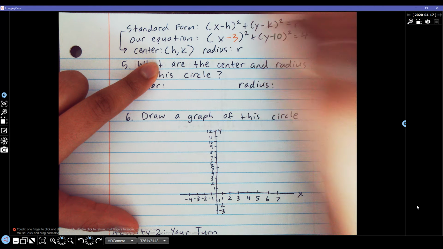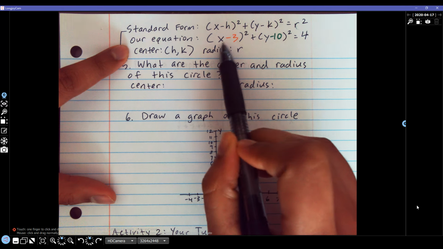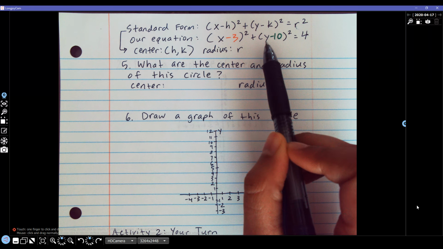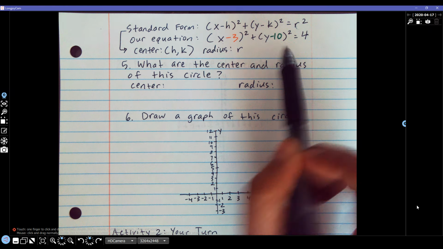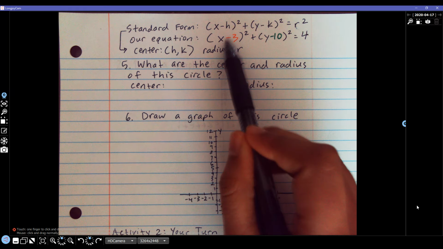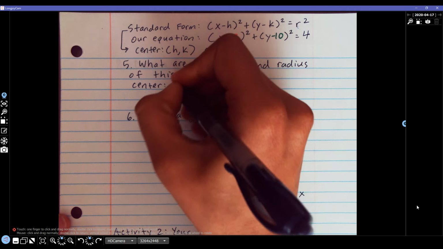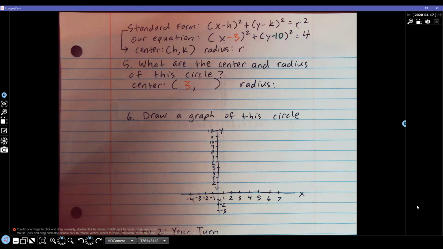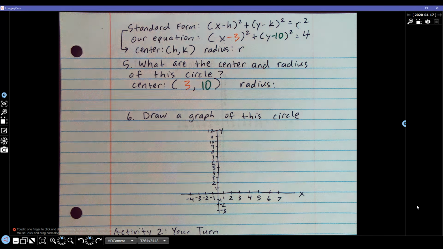So when we look at our equation, we've got x minus 3 the whole squared plus y minus 10 the whole squared equals 4. We know that our h is going to be 3 and our k is going to be 10. So I'm going to write this down here. So our h is 3 and our k value is 10. We've got 4 on the right side of the equation.